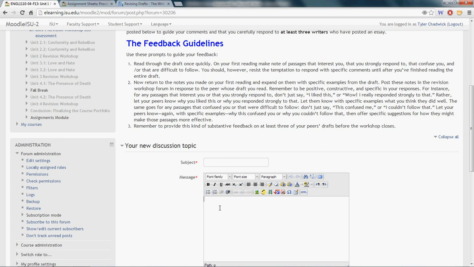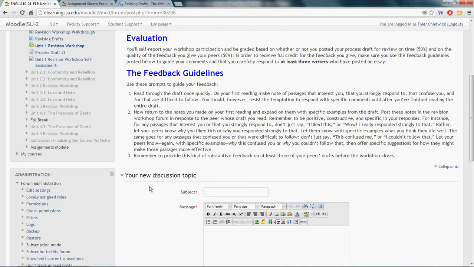Maybe you could type something here in the message about what you struggled with or what you would like help from your peers with in revising this, kind of asking, say, how does this read? I'm having a hard time with this specific section. You can do that, or you can just post it. So if you're looking for specific feedback, ask for it there.